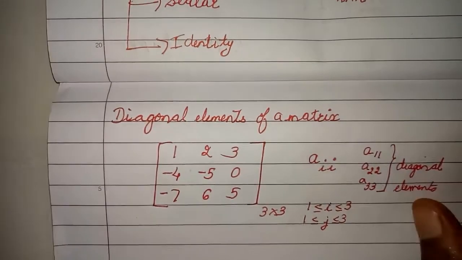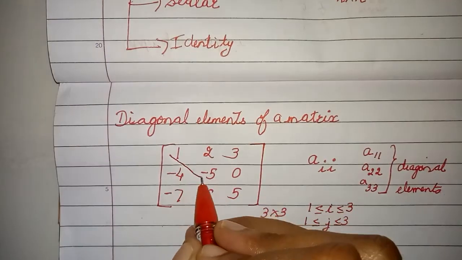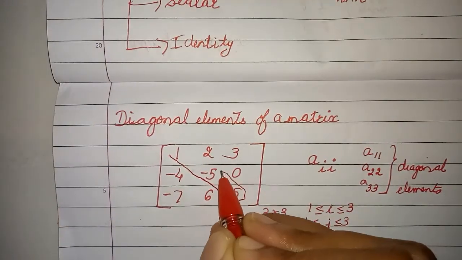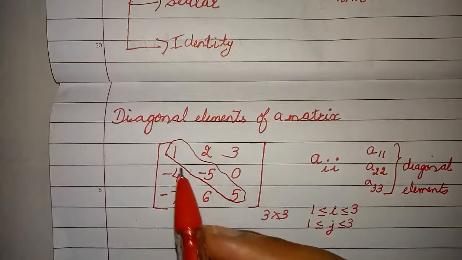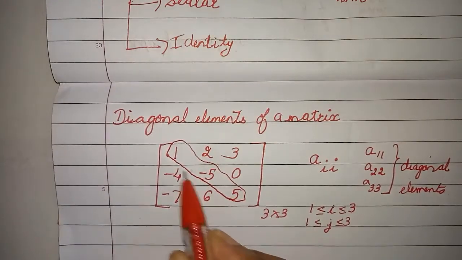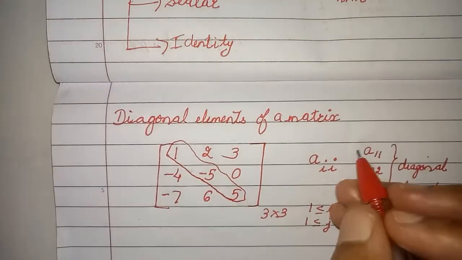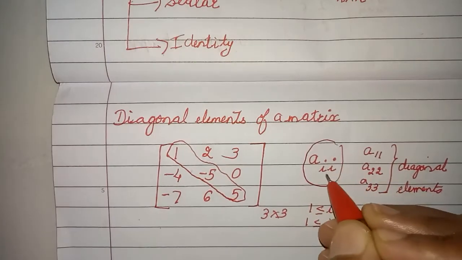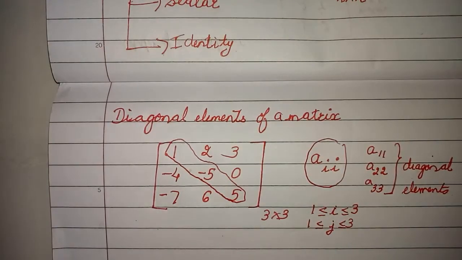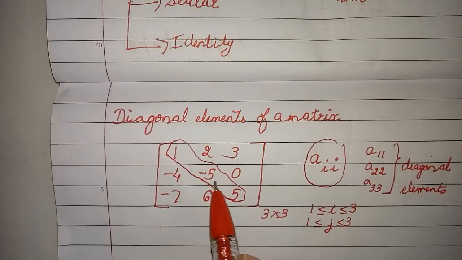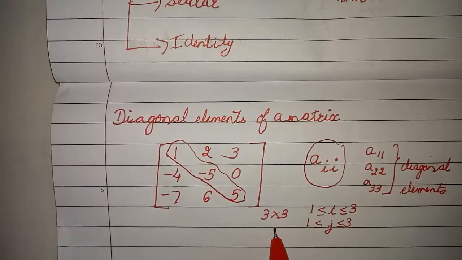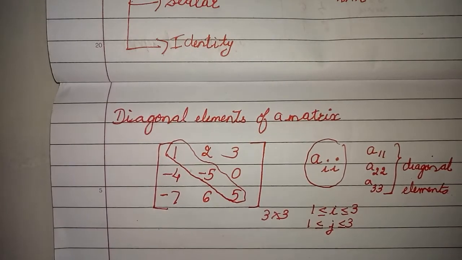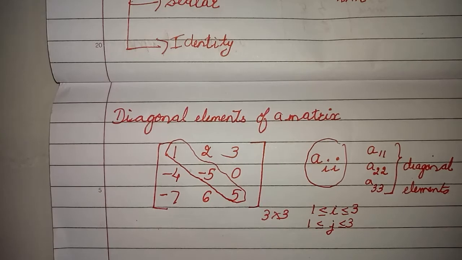If I show it pictorially, it will be in the form of a diagonal. So which elements are they? a11, a22, a33. That's why I told you diagonal elements are a_ii, like a11, a22, a33, a44, a55, a66, a77, till a_nn. Is that clear?